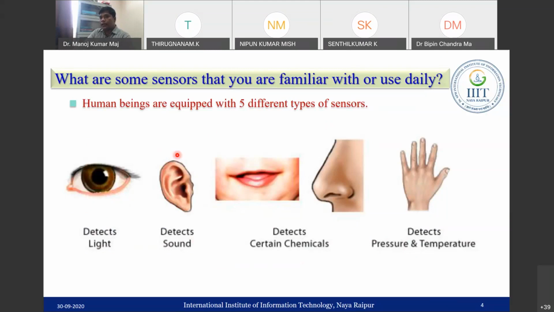Our ears can detect sound, so they can be used as a sensor. Our mouth or tongue can detect certain chemicals, so it can work as a sensor, because on our tongue there are taste buds, and using those taste buds we can taste foods, so it also acts as a sensor. And maybe our palm can act as a sensor, as it can detect pressure or temperature.